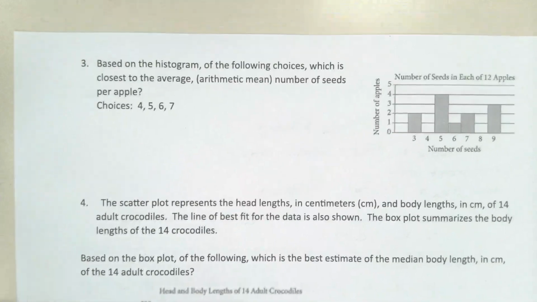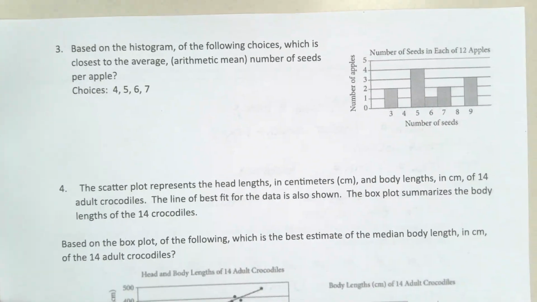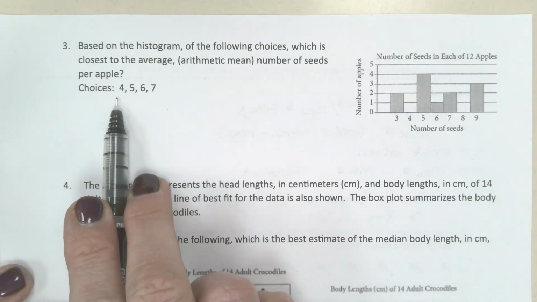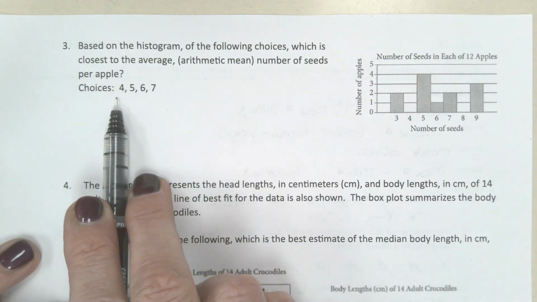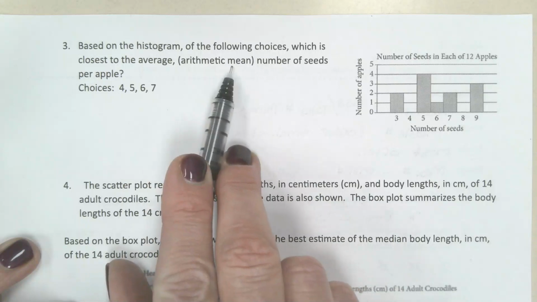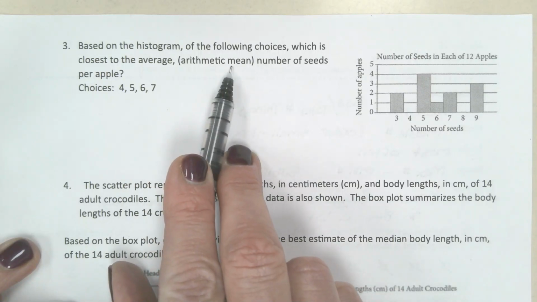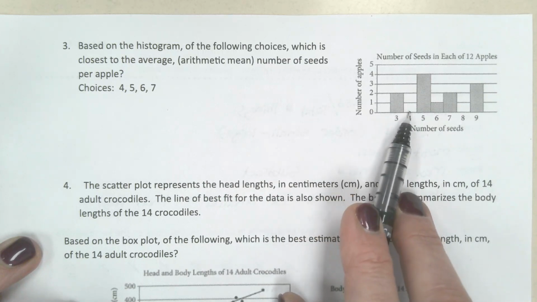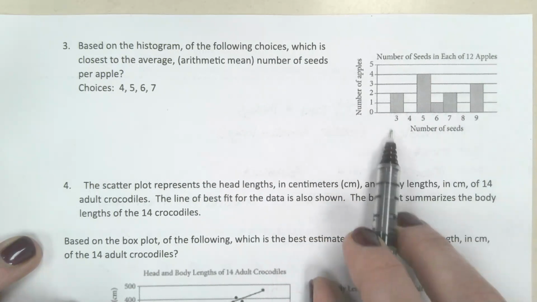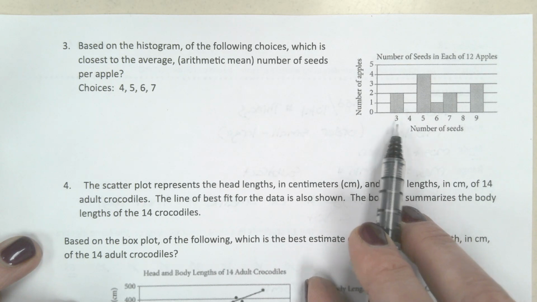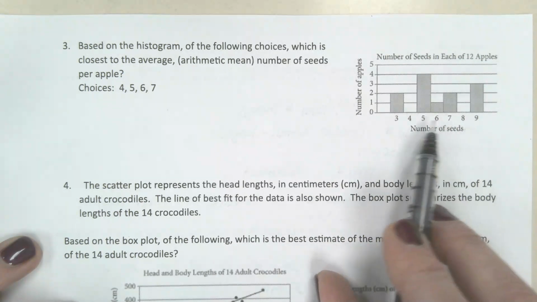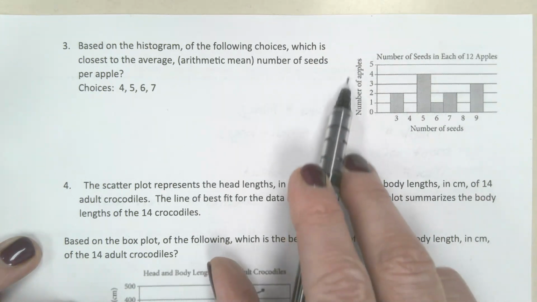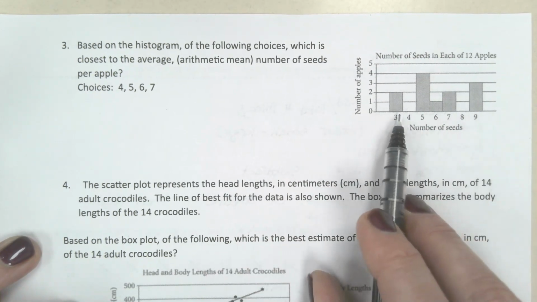Number 3, we have a histogram here, and it wants to know which of the following is closest to the average, or the arithmetic mean, of the seeds per apple. This axis tells you the number of seeds in the apple, and this axis tells you the number of apples that they looked at.